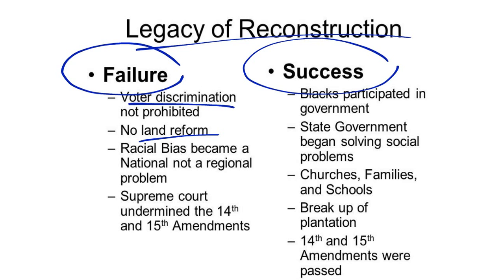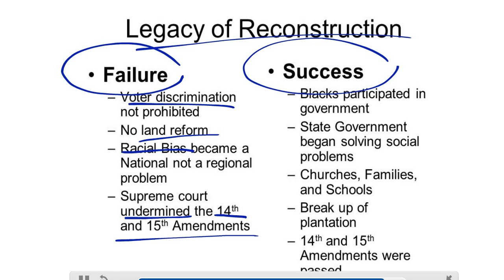There was no land reform. There was a racial bias that becomes a national and not a regional problem, and that is clearly a failure. And the Supreme Court undermined the 14th and 15th Amendments and reduced the power to protect the newly freedmen, and that's clearly a failure as well.